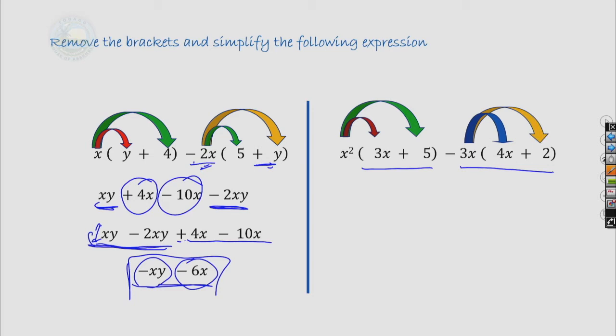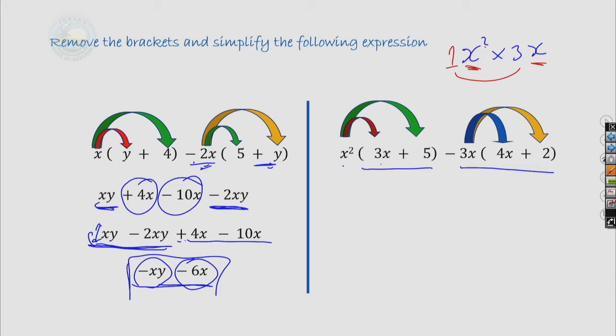Utilizing the distributive property, x squared multiplied by 3x. The coefficient in this instance is 1, so it's 1x squared multiplied by 3x. I will multiply my coefficients, 1 times 3 is 3, and multiply my variables. Once the variables are the same, we add the exponents.